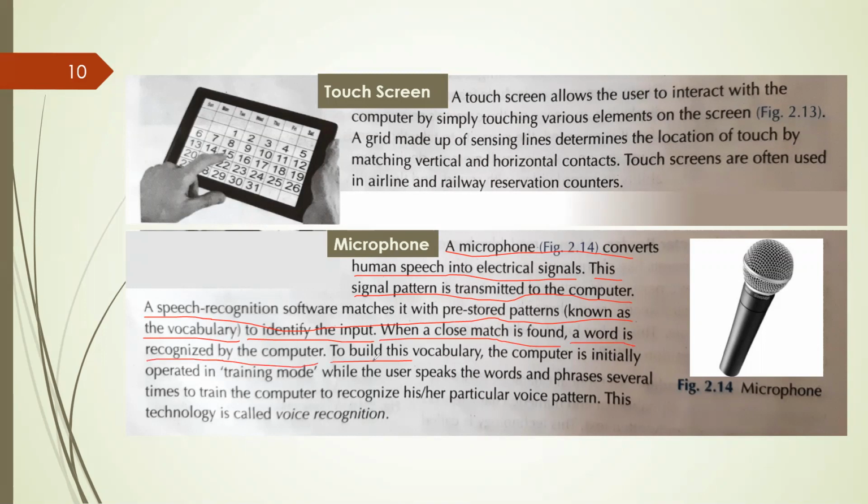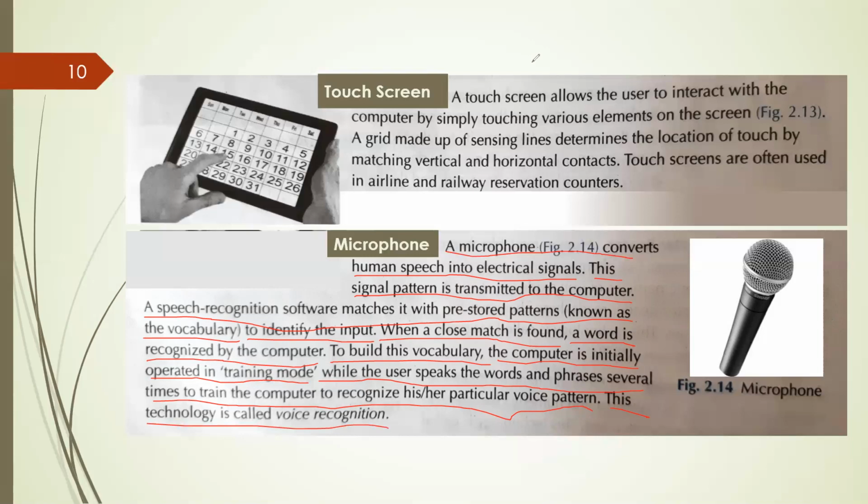To build this vocabulary, the computer is initially operated in training mode, while the user speaks the words and phrases several times to train the computer to recognize his or her particular voice pattern. And this technology is called voice recognition.